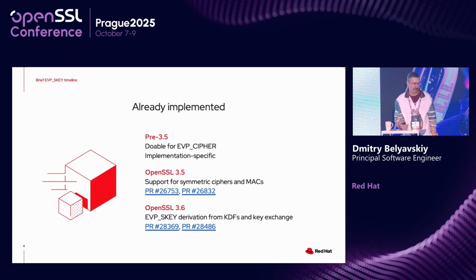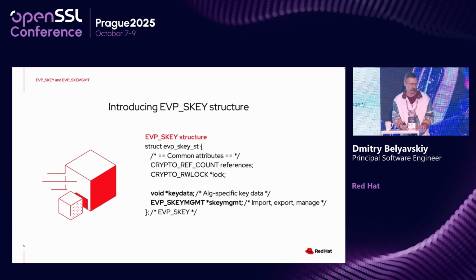In OpenSSL 3.5, we added support for providing opaque objects for symmetric ciphers and MACs. And in OpenSSL 3.6, we managed to land EVP_SKEY derivations for using the KDF mechanism and the key exchange mechanism, and it means that now it's usable with real-world hardware in real-world applications.